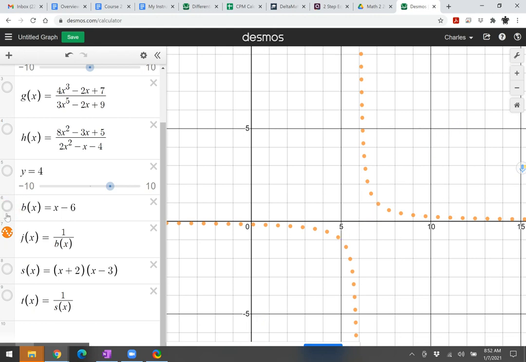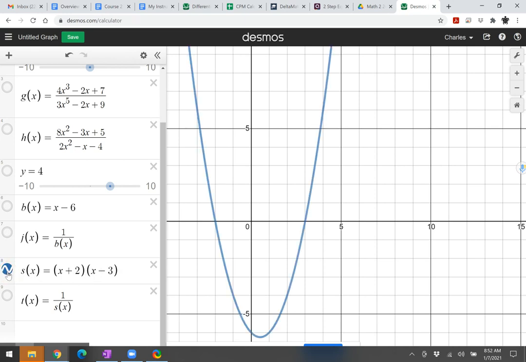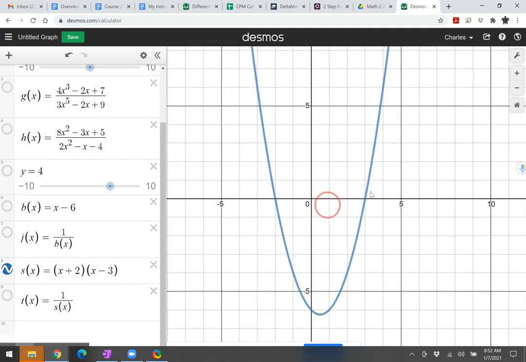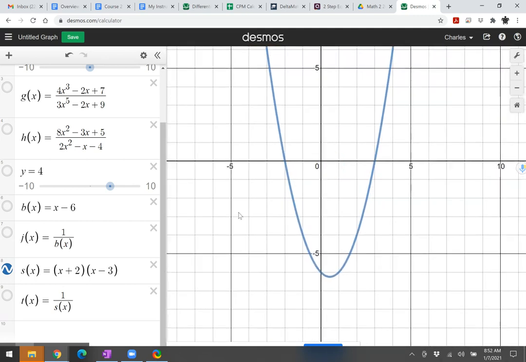The second one is going to be a parabola. You might say to yourself, where is this function going to have zeros? It should have zeros at -2 and at 3. Then you might ask yourself, what's the reciprocal going to look like? The reciprocal is going to have something interesting going on at these two points that are x-intercepts on the function. This one is a little more interesting than the last function. It has a local minimum.